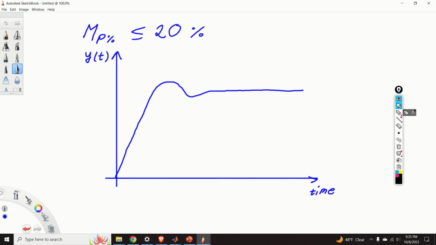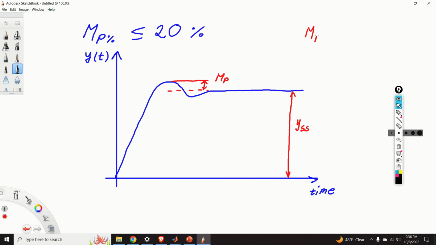So, what is now the percentage overshoot? The percentage overshoot is basically this value over here, MP, represented with respect to percentage of your steady state value, YSS.